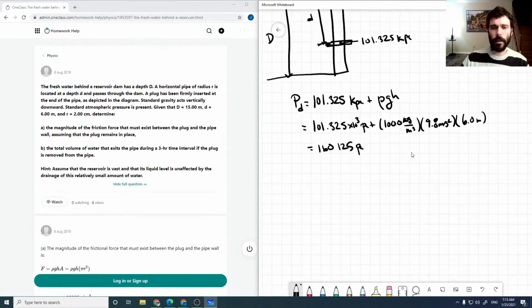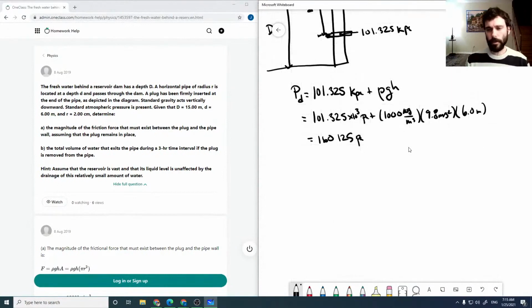So now, to get the frictional force on our plug in our pipe, we can draw a free body diagram. So we've got a force due to the water, we've got a frictional force, and we've got atmospheric pressure.